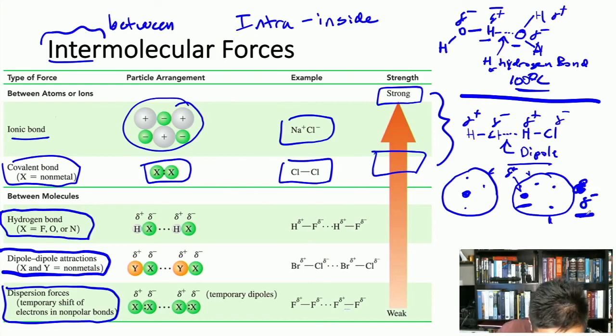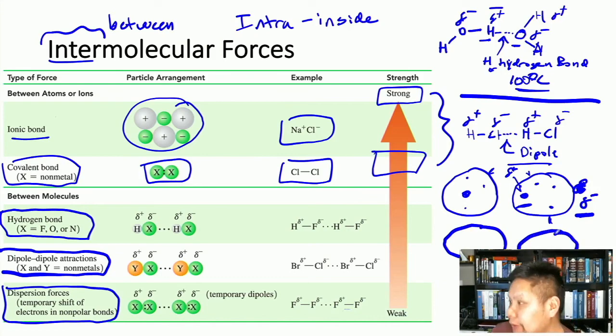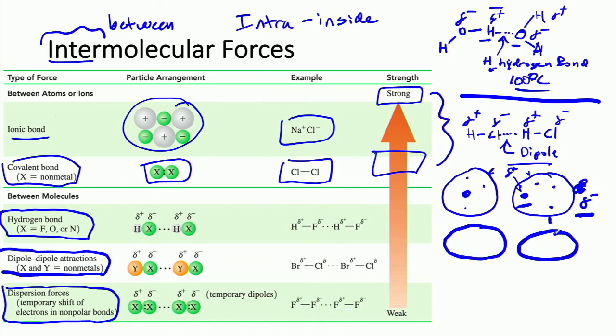So the result is this. And I'm going to shut myself off for a second so you can actually see what I'm drawing. Now, these dispersion forces cause the nucleus to be on one side and electrons here, and the nucleus on the other side and electrons here, like that.